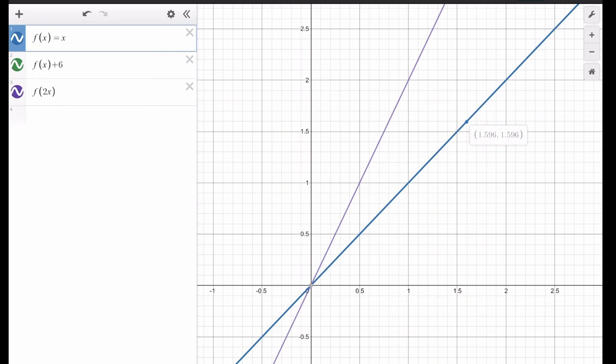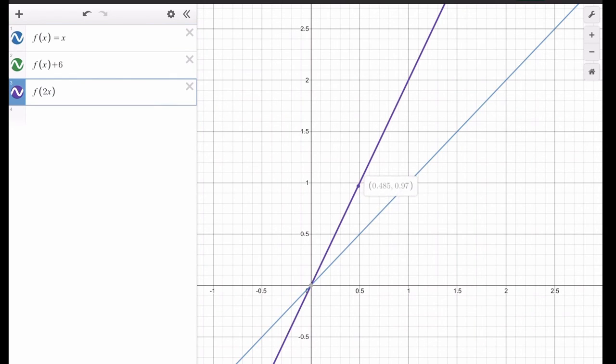Every spot that the graph can read, whatever x is, y is the same thing. Now if we look at this purple one, when you plug in a half, you're going to get 1. When I plug in 1 for x, it's giving me 2 for y.